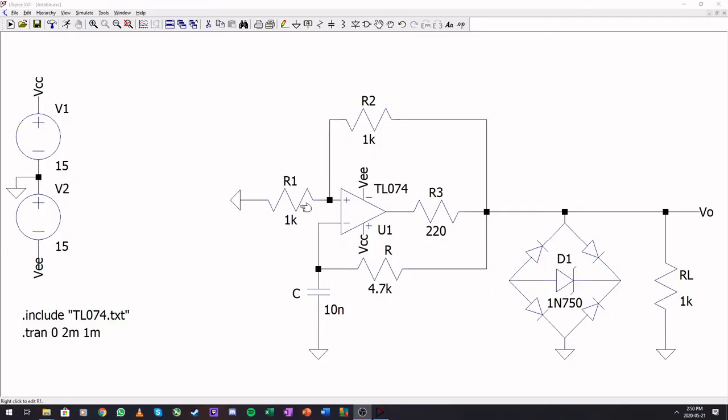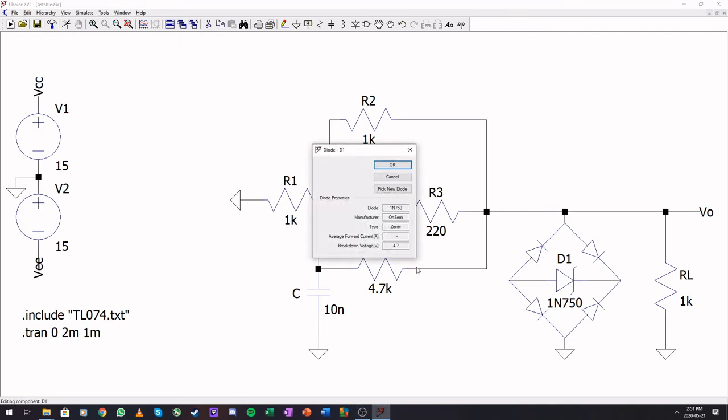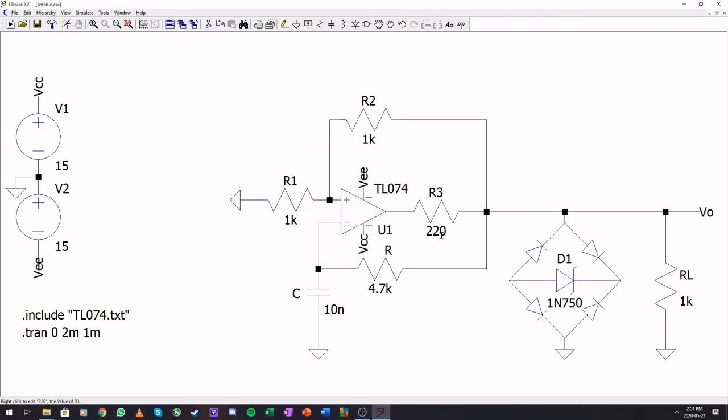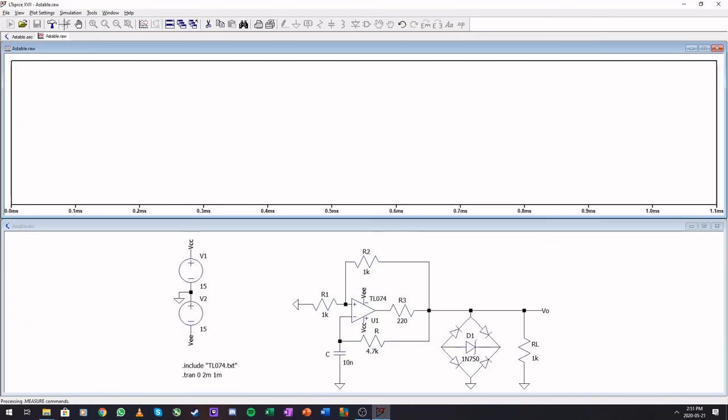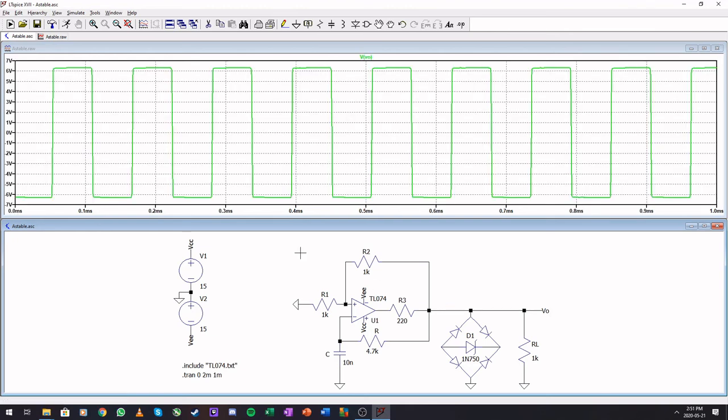So here I built the simulation of the circuit. 4.7 volt zener, 220 ohm resistor for current limiting, 1 kilo ohm load, everything exactly as in the analysis problem. So if we run this, and we look here, we have 6.1 for our limits.